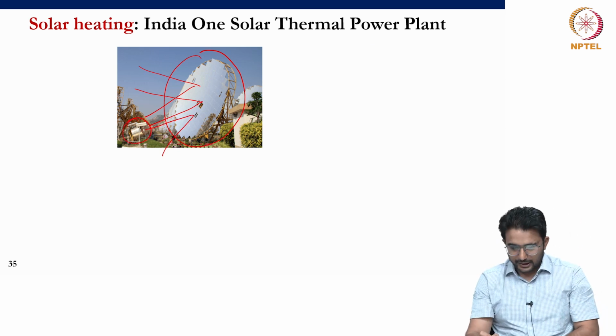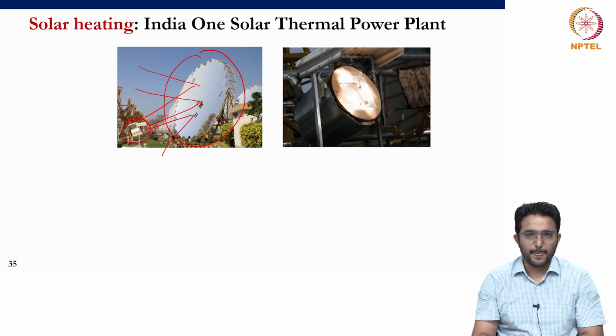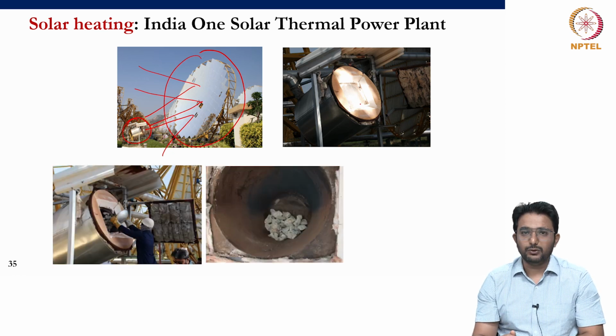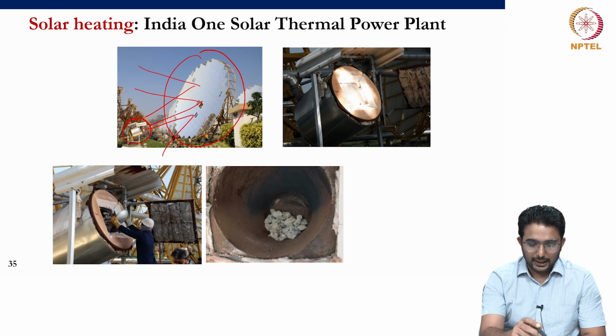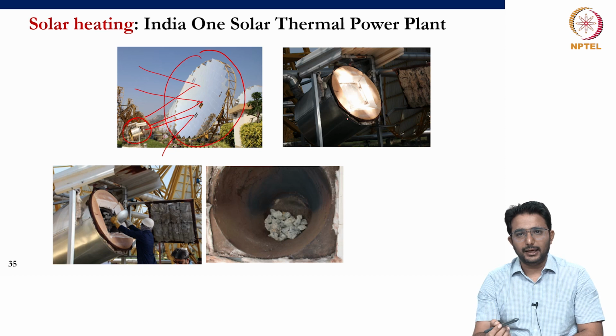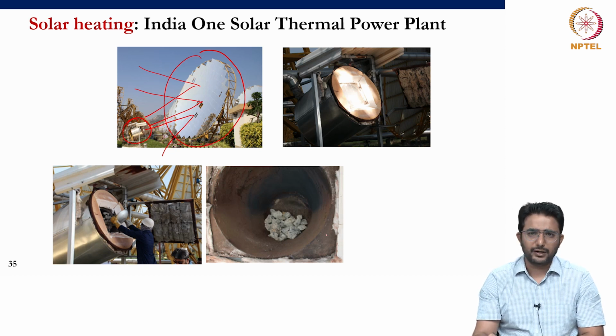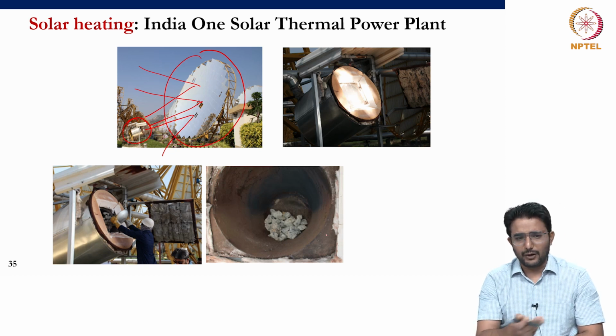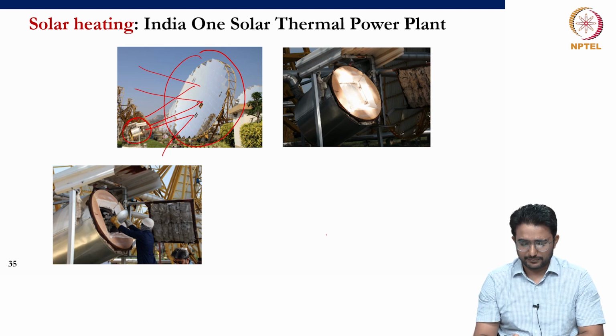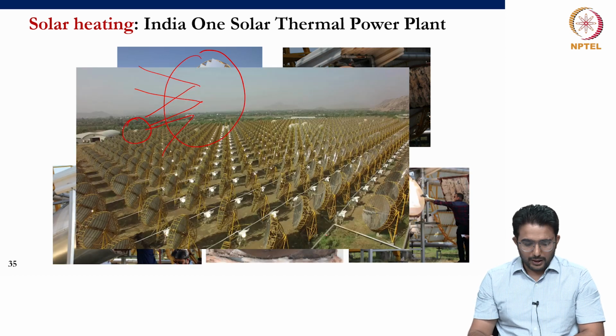Normally these receivers are hollow from inside. So the concrete chunks can be kept inside these hollow blocks, and then the sunlight can be directly fed over this receiver, and it can be heated to a temperature of around 500 degrees centigrade, which we have used in the thermomechanical beneficiation technique.